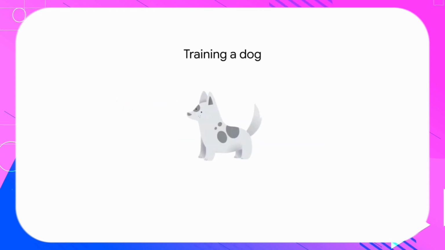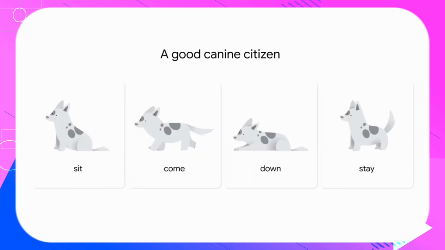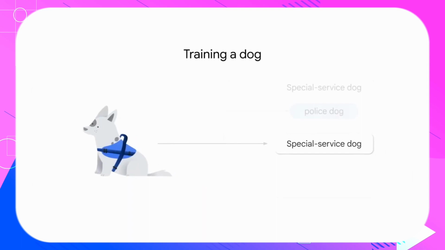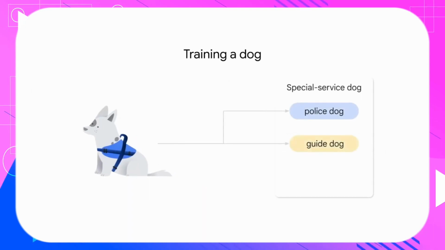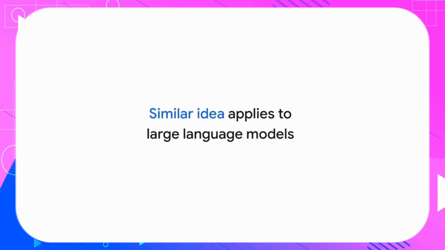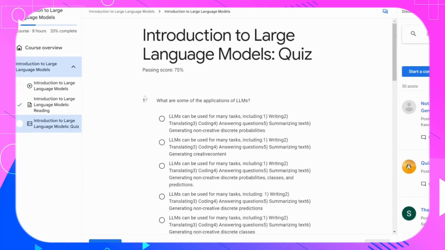John compares it to training a dog basic commands for everyday life. But if you need a special service dog, like a police or guide dog, they get extra training. Same goes for LLMs. So if you're keen on understanding large language models and diving into generative AI, this course might be your thing. Don't forget the quiz, aim for that 75% and level up your knowledge.